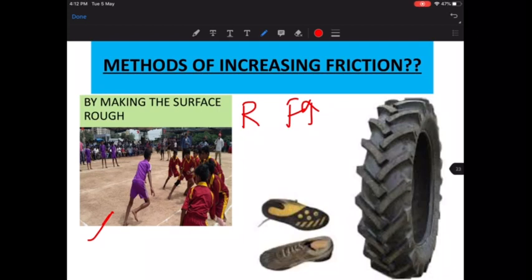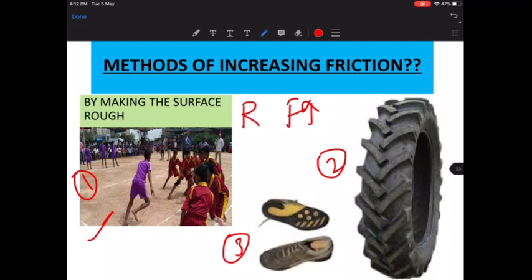Now also, look at the second picture and the third picture here. So what do you see? You see these tires, generally tires of the car, tires of our bicycles and the tractors. They have got these designs over the tires. So why these designs? This is not just for beautification of the tire, but it is also because these designs make the surface rough.